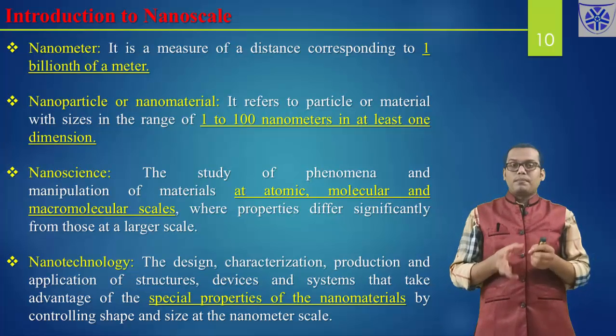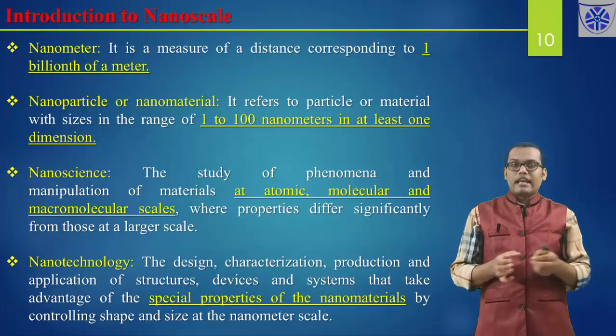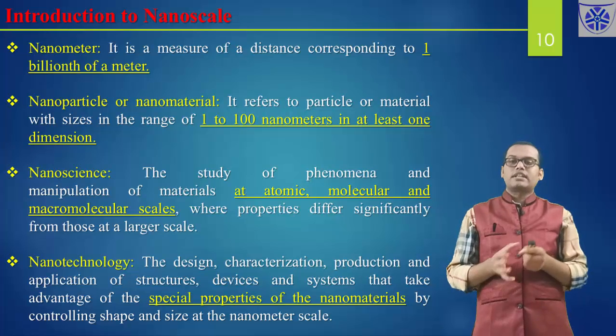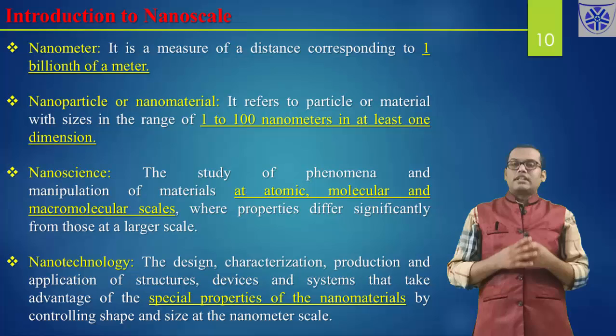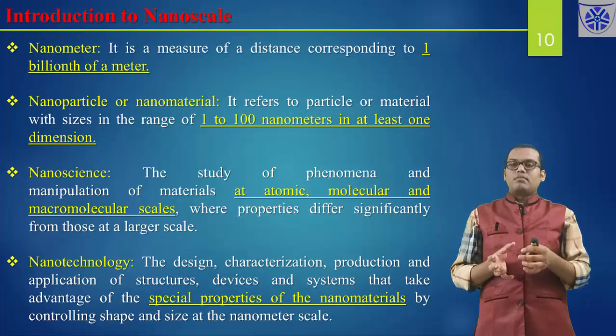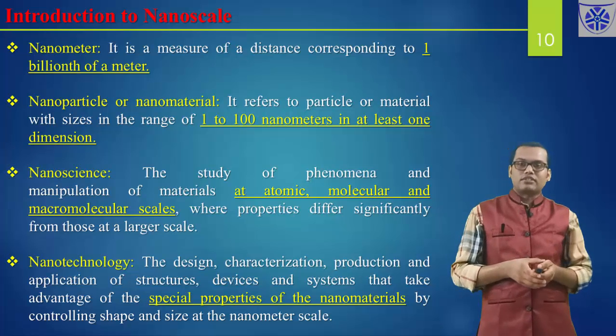So how the properties of materials change in the nanoscale, that is called nanotechnology. Science means you are studying the molecular and atomic level, and you convert that study into design, characterization and production, which is nanotechnology. So these two terms, nanoscience and nanotechnology, are interrelated.